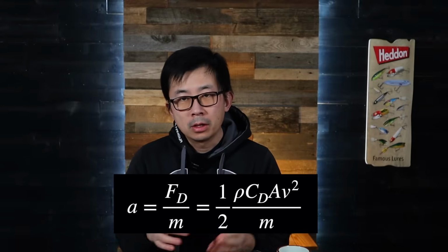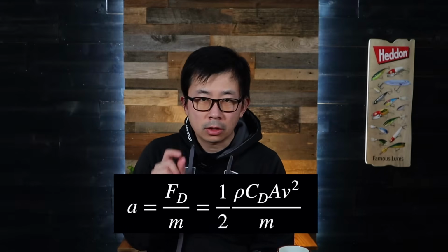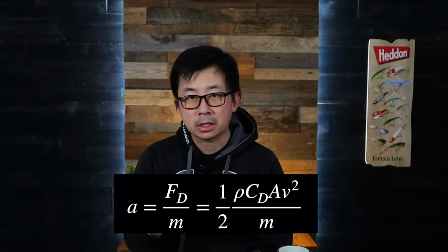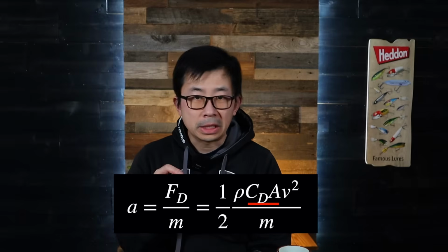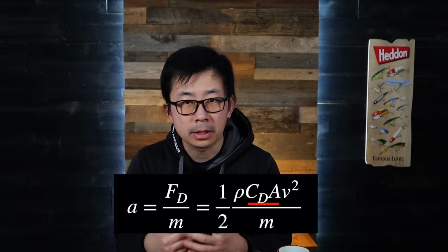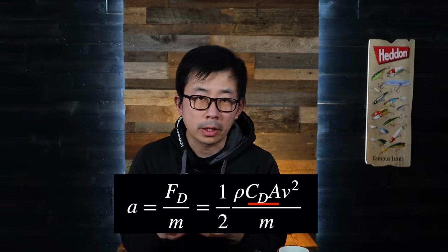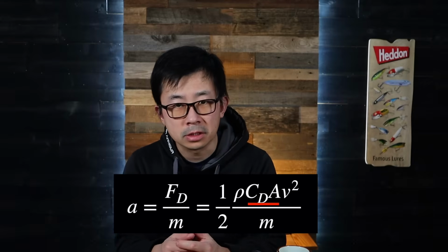Now let's move on. If we can decrease the product of drag coefficient CD and the cross-sectional area A while maintaining everything else the same, then we can make the deceleration A smaller, right?